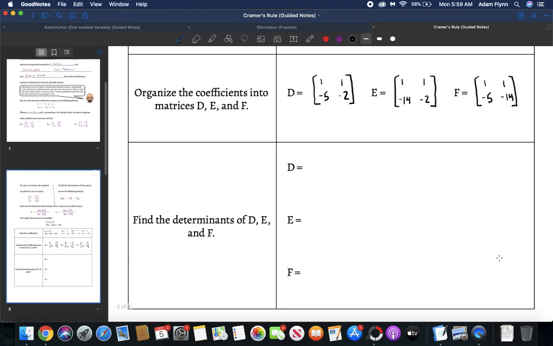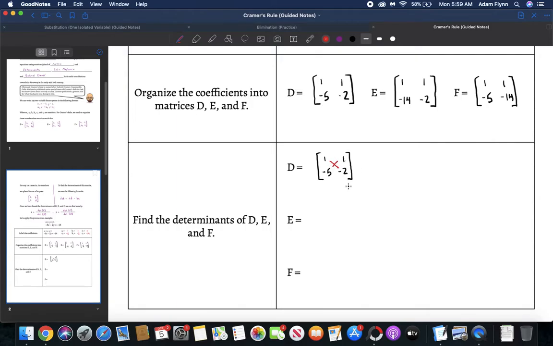Okay, so now we're going to find the determinants of D, E, and F. So I am going to rewrite these again. Now, we saw up above that to find our determinant, we're doing this cross multiplication process.